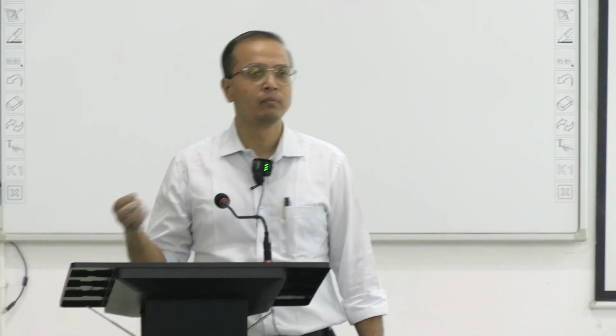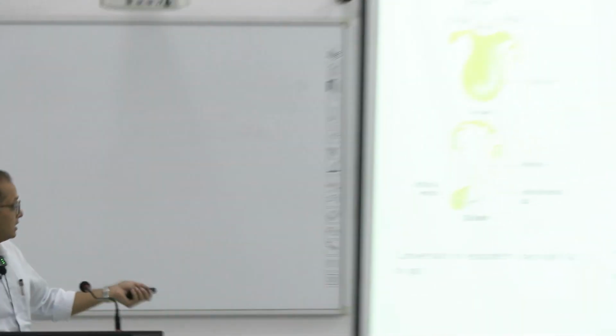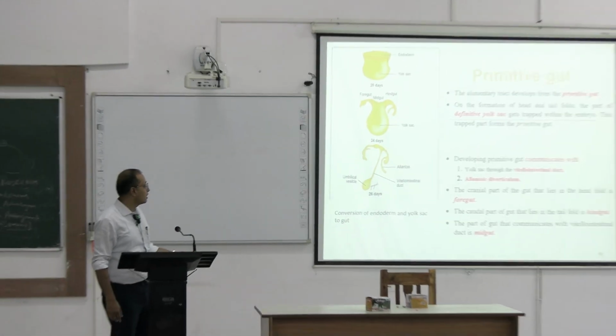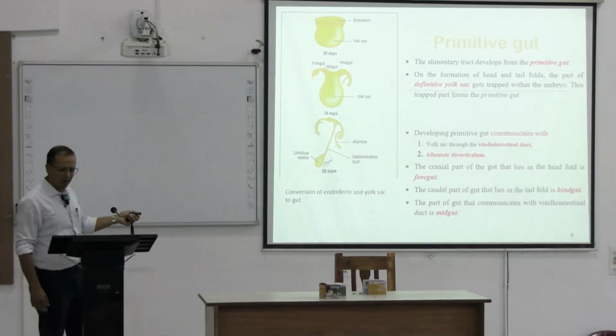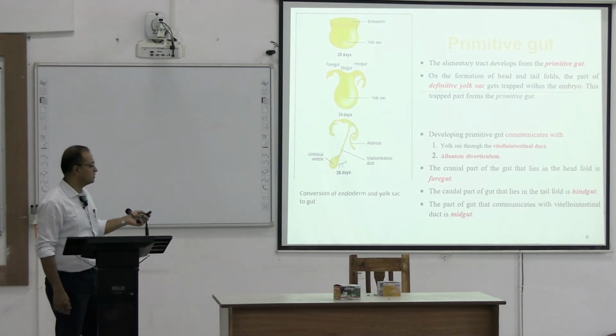So, stomodium, proctodium, buccopharyngeal membrane, cloacal membrane and their significance, and the Yolk sac, the fate of the Yolk sac, and the remnant of the Yolk sac, which communicates as the Vitello-intestinal duct, which should normally be absorbed completely. If it fails to be absorbed, we will deal with that clinical problem later on.